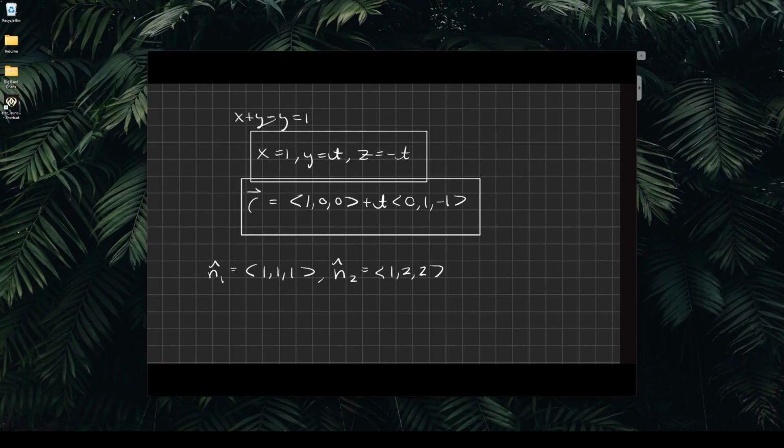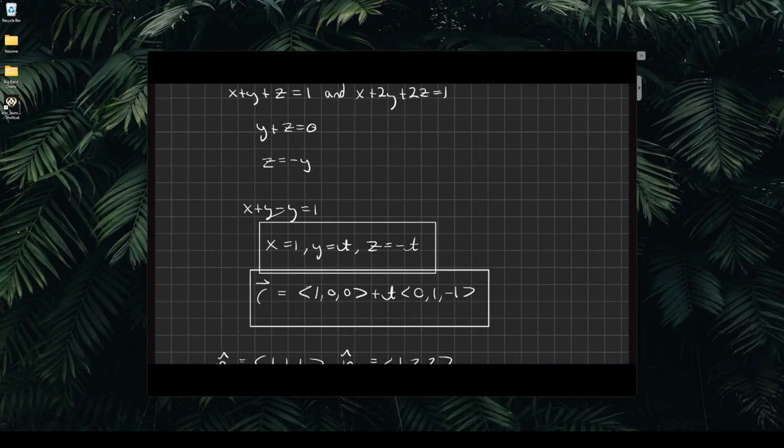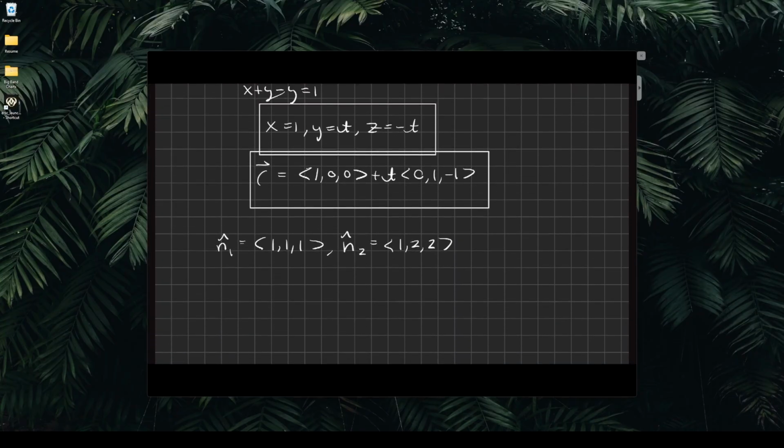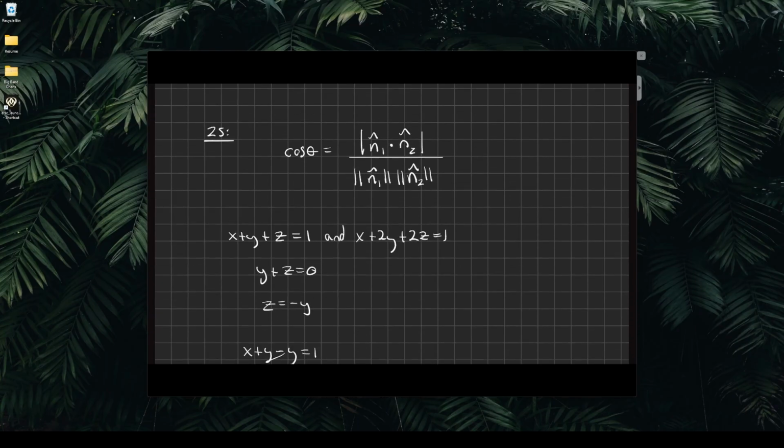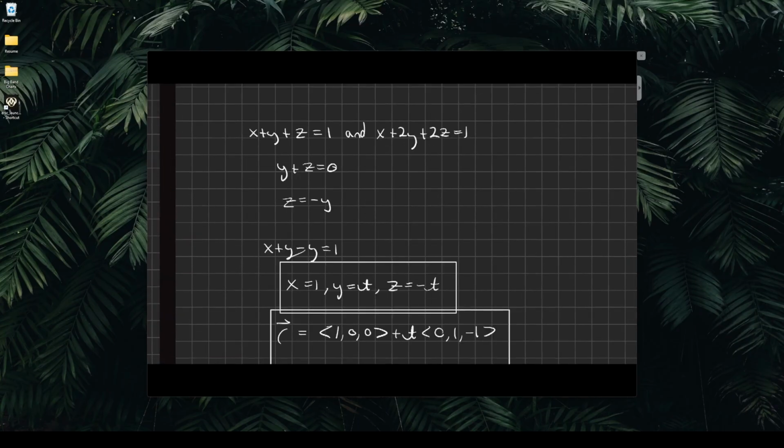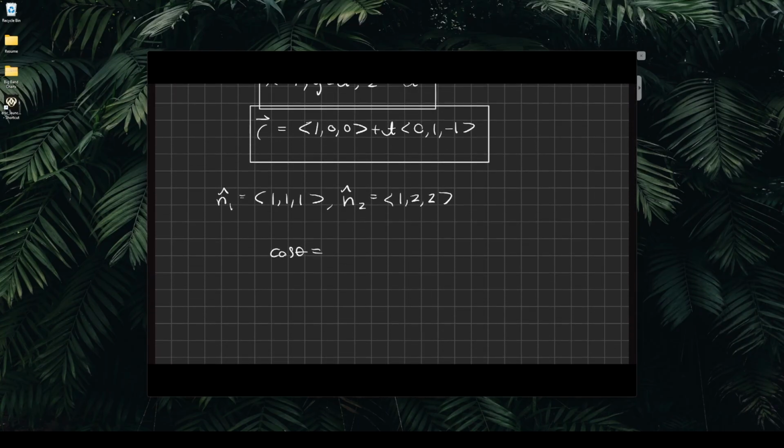Okay, so now we can actually use this equation. So we're really just trying to find the angle between these two planes. So cosine theta will be the norm of the dot product between those unit vectors. So n1 dot n2 will give us positive 5. So we'll drop the absolute value bars. And then we're looking at the norm of n1 times the norm of n2.